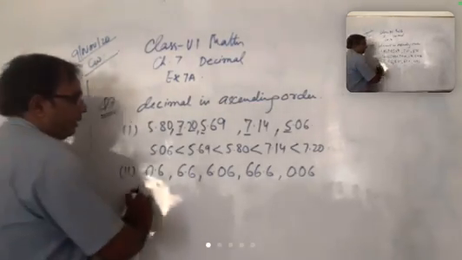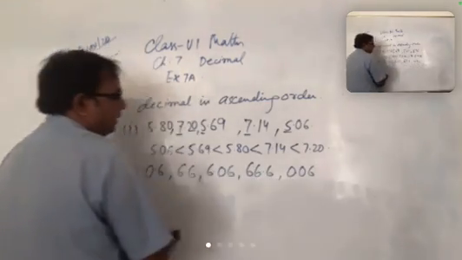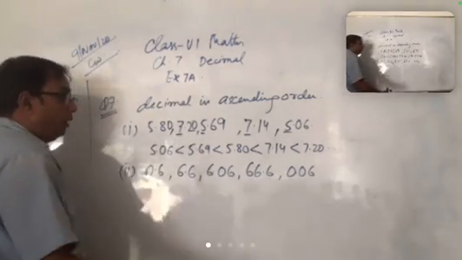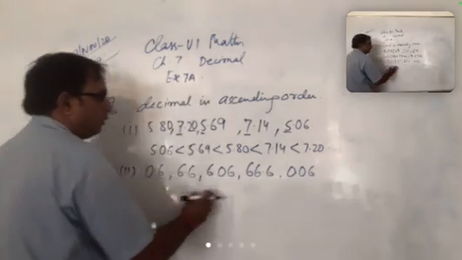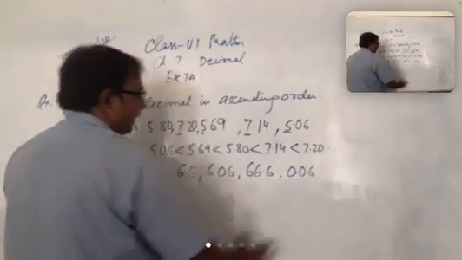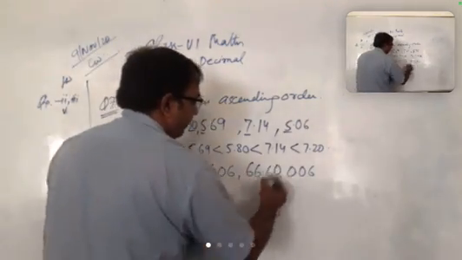So first you check the whole number, or you can make them like. So you check the maximum place is 100. So you can put 0 where is required.